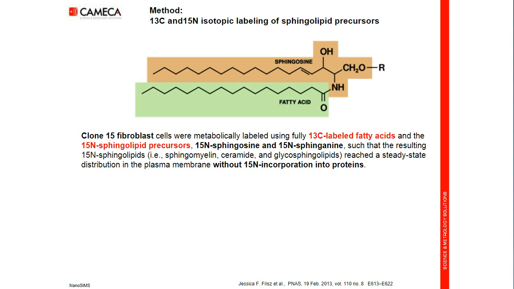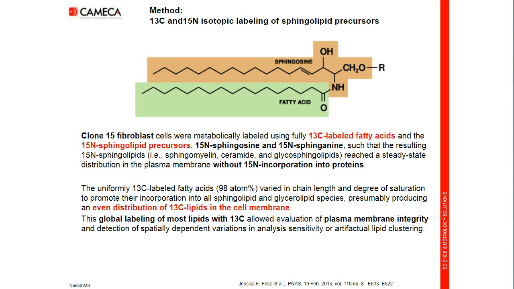The uniformly carbon-13 labeled fatty acids varied in chain length and degree of saturation to promote their incorporation in all sphingolipid and glycerolipid species, presumably producing an even distribution of carbon-13 lipid in the cell membrane. So this global labeling of most lipid with carbon-13 was meant to evaluate the plasma membrane integrity and possible artifacts.